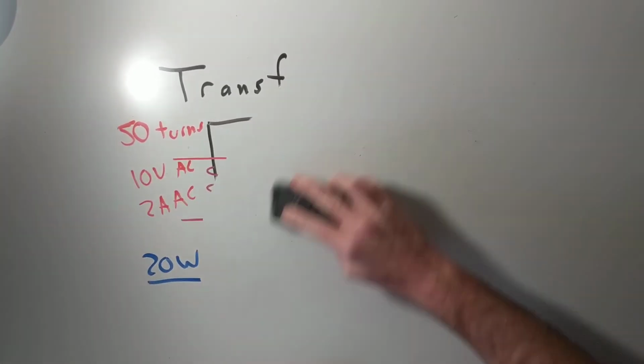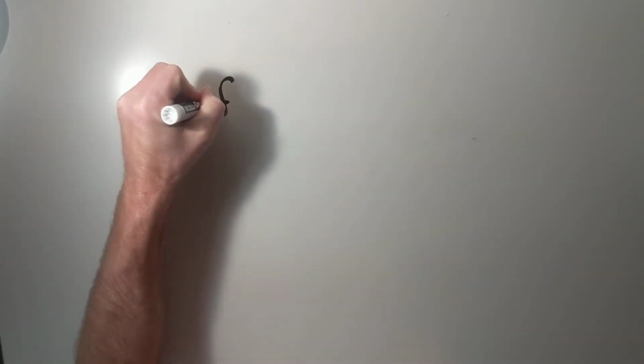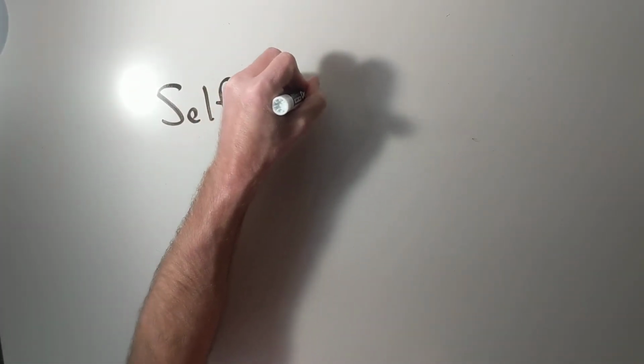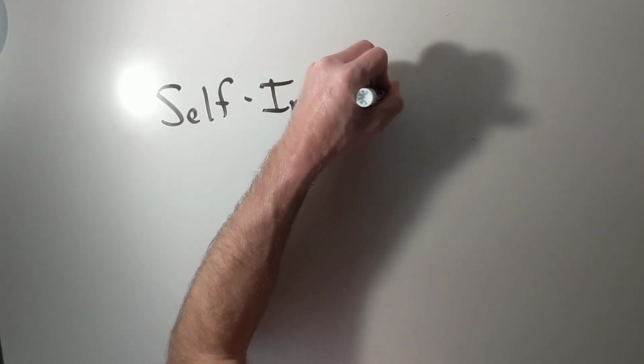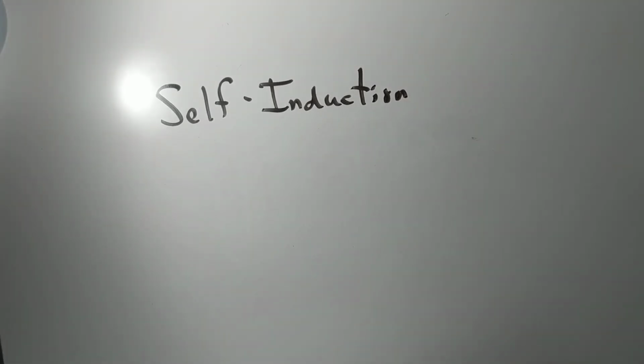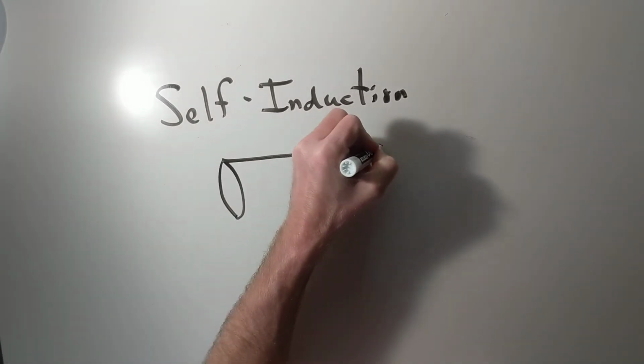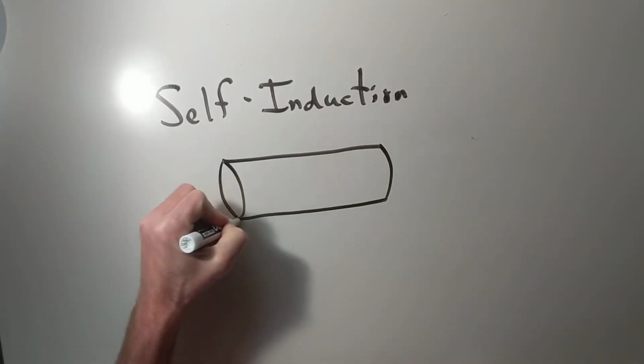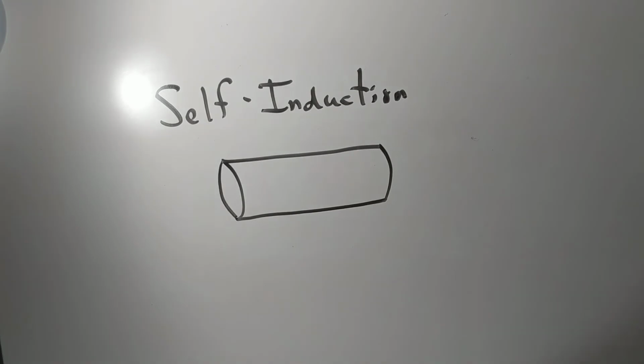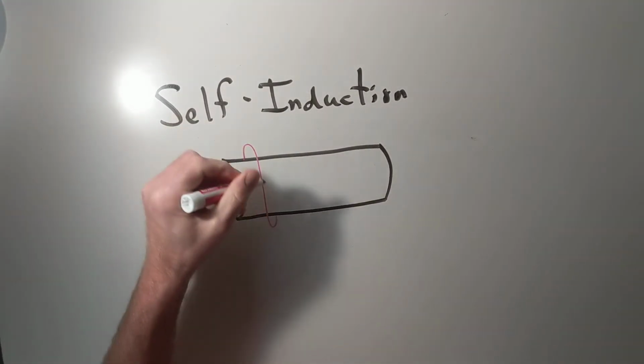But there's one last thing that we should talk about, and that's self-induction. And this is going to lead us to some things that we'll deal with in circuits as well. But imagine if you have that same iron piece right there, and now you've got a coil of wire around it.